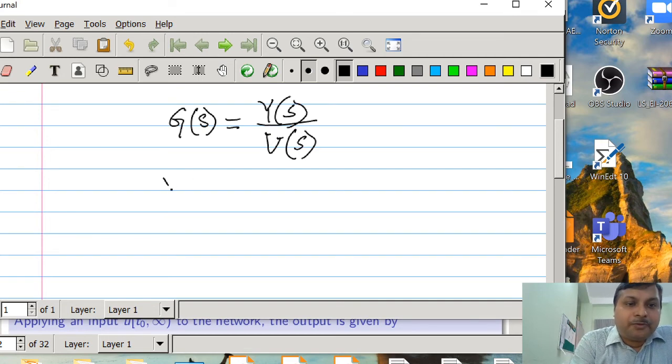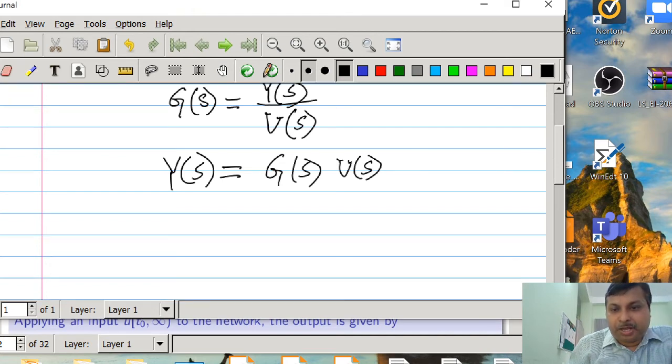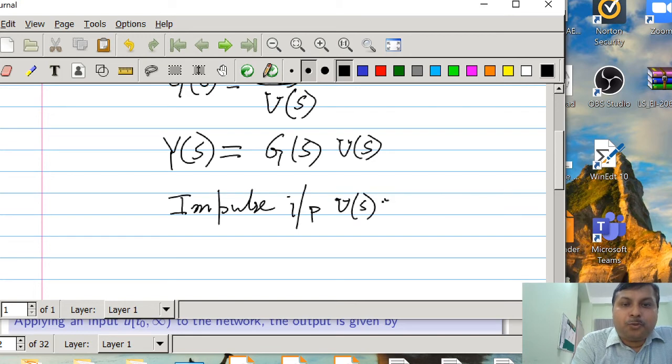So from here we can write Y(s) = G(s)·U(s). Now if we want to find out the impulse response, then for an impulse input, U(s) = 1.